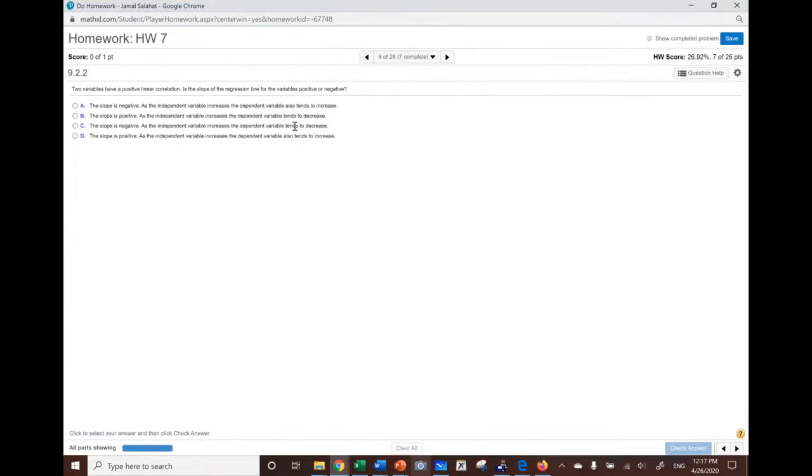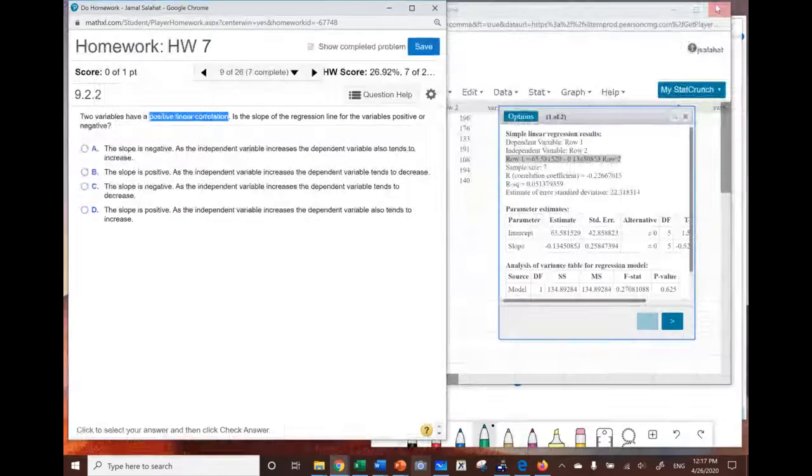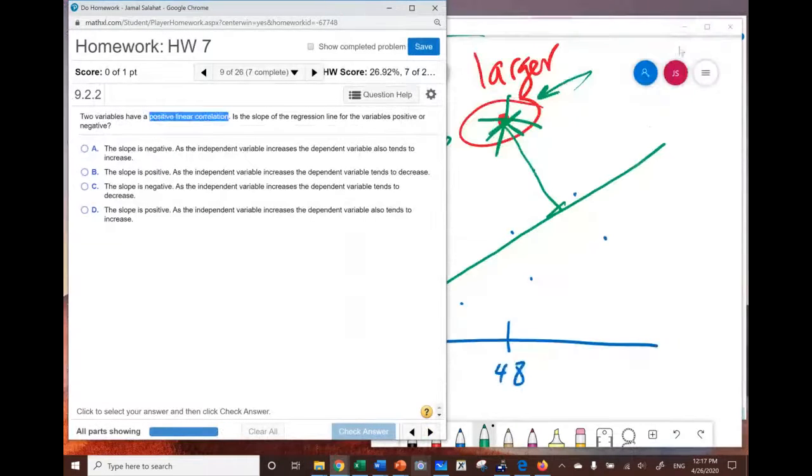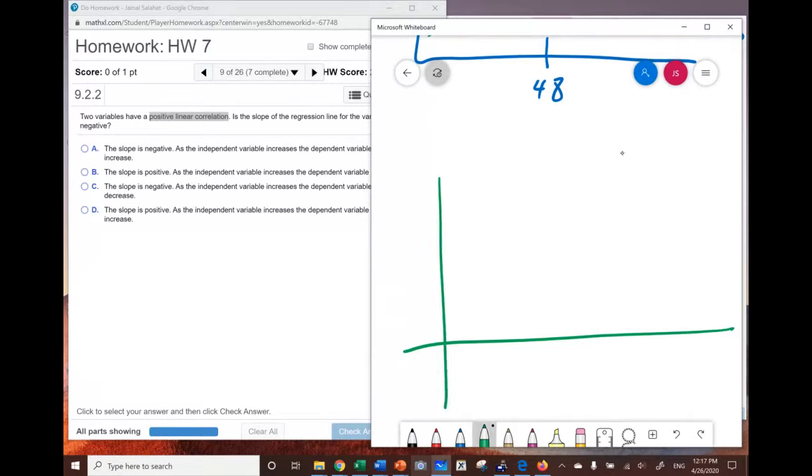The question after that is: two variables have a positive linear correlation. In other words, if I draw a picture, the dots look like this, going up. So there is a positive linear correlation.